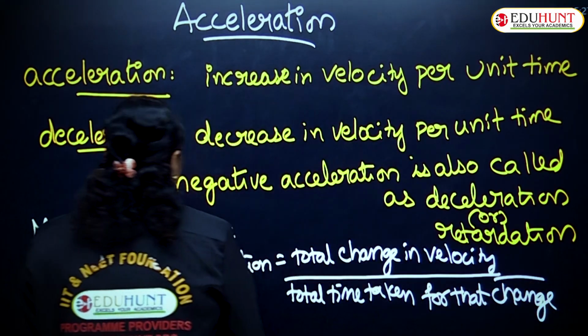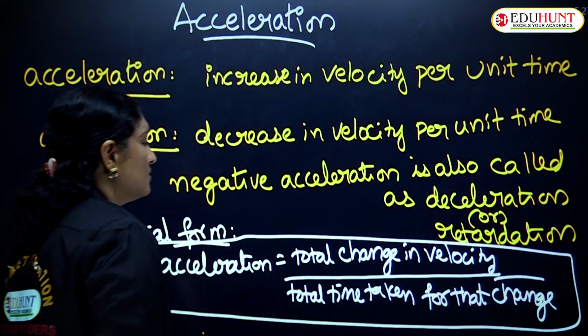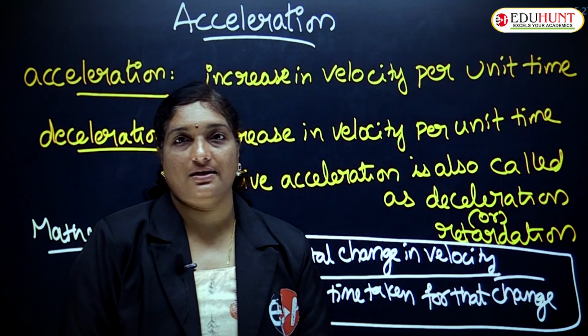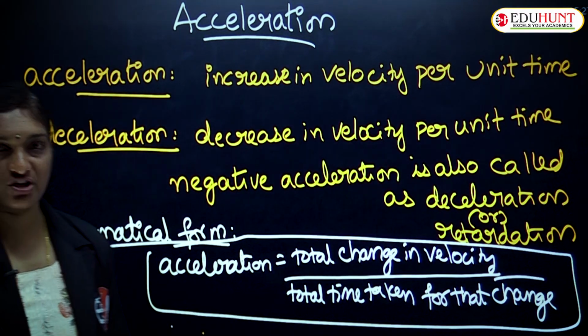So what is the mathematical form of acceleration, children? The total change in velocity to that of the total time taken to bring that change. This ratio itself is called acceleration.